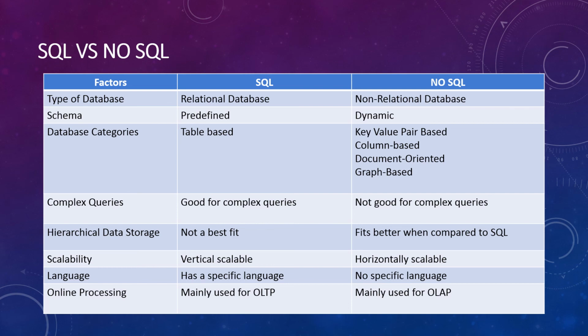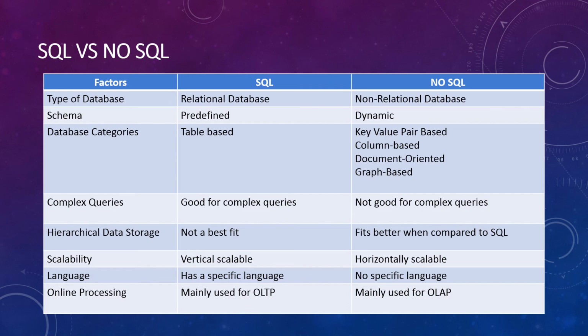While we can definitely use NoSQL for transaction purposes, it is still not compatible and stable enough under high load for complex transactional applications. So students, you can understand by this that SQL is mainly used for OLTP, that is online transactional processing, and NoSQL is mainly used for OLAP, which stands for online analytical processing.